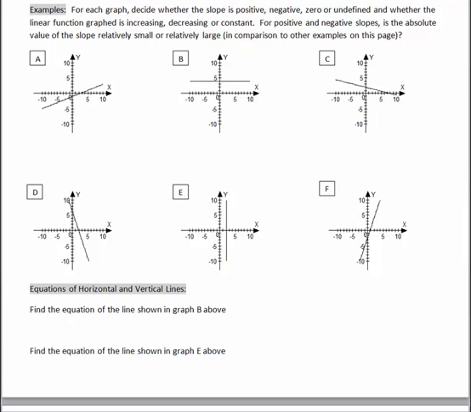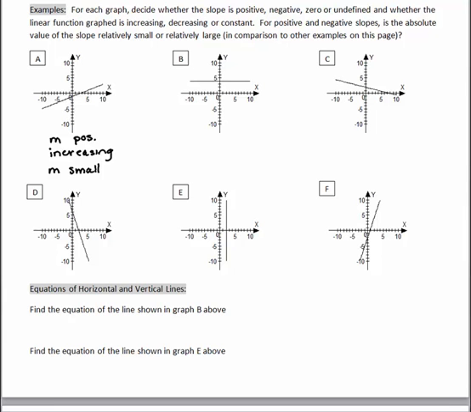So in A, we definitely have an uphill slant to that line, and so we can say the slope is positive. This linear function is increasing. And compared to some of the other lines, like for example D or F, this is not very steep, and therefore I'm going to say m is relatively small in comparison to the other lines.